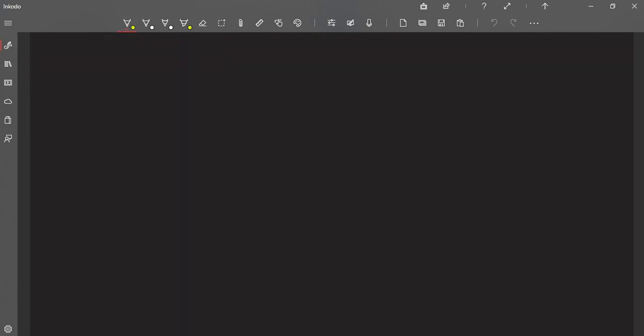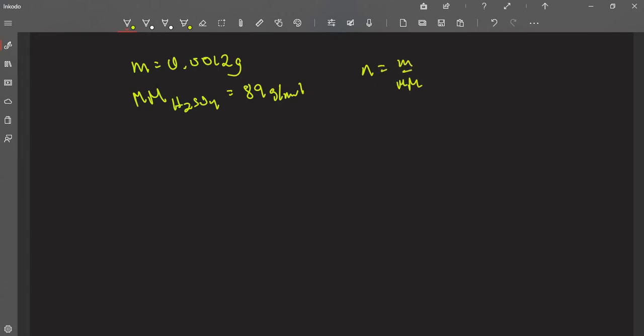Now the question gives you a mass. The molar mass of H2SO4, quickly look that up in a periodic table, and you get approximately 89 grams per mole. We know that moles are equal to mass divided by molar mass, and we have 0.0012 grams divided by 89 grams per mole.